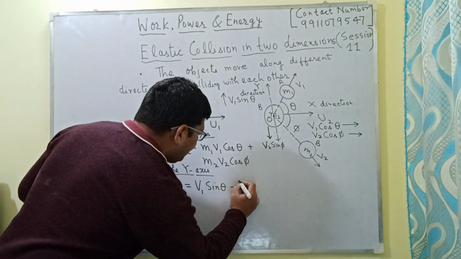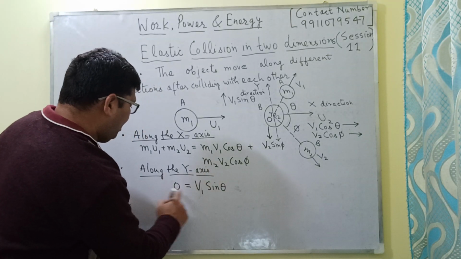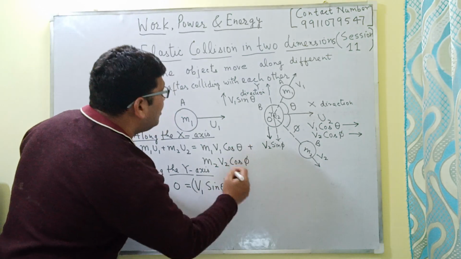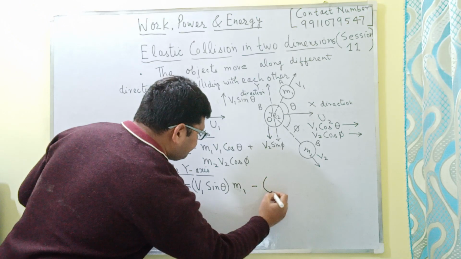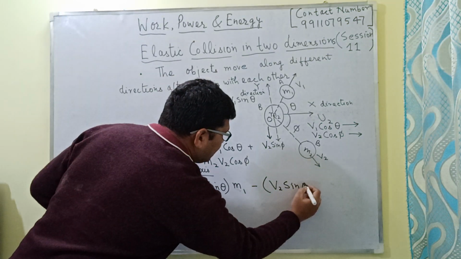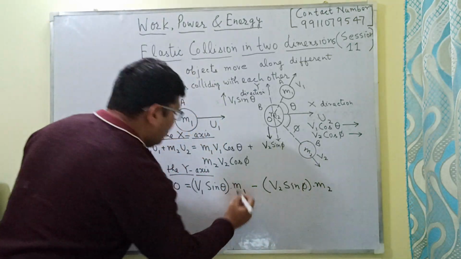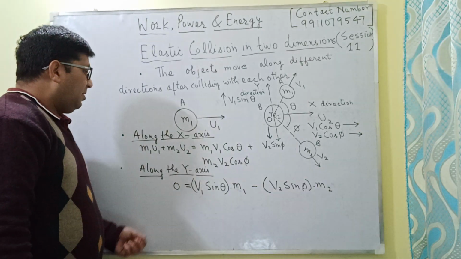So this will be equal to v1 sin theta, this is the velocity, into m1, minus v2 sin phi into m2. So this is the second equation which I have got.